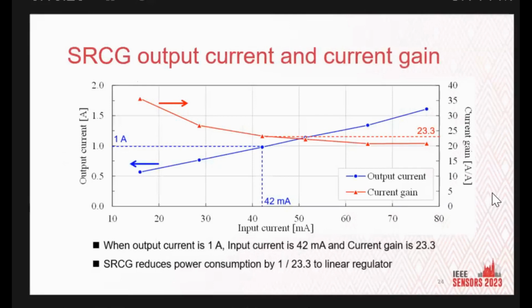This shows the switching regulator-based current generator output current and current gain as a function of input current. When the output current is 1 ampere, the input current is 42 milliampere, and the current gain is 23.3. The switching regulator-based current generator reduces the power consumption to 1/23 of the linear regulator.